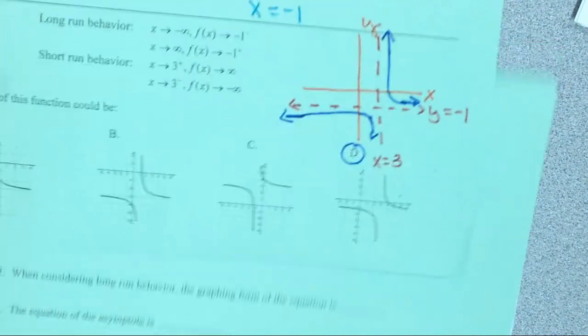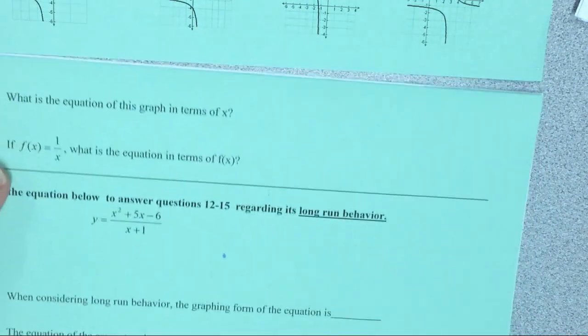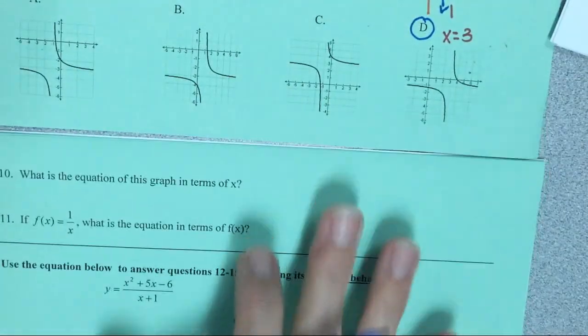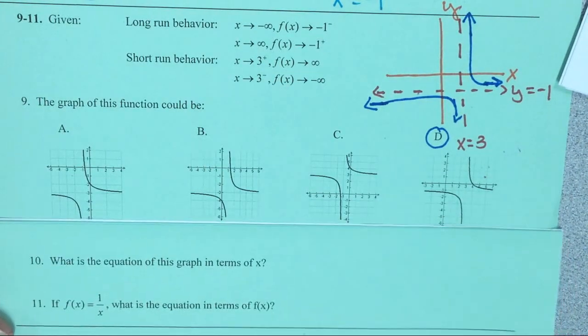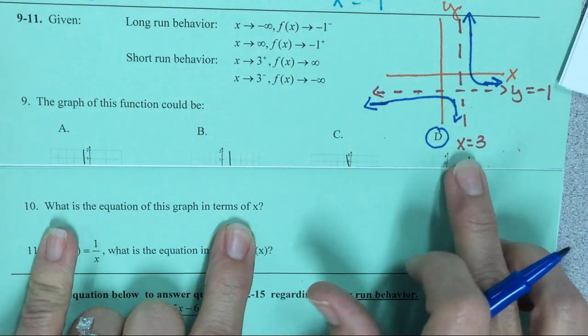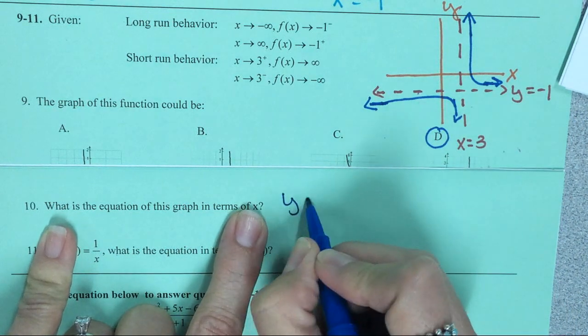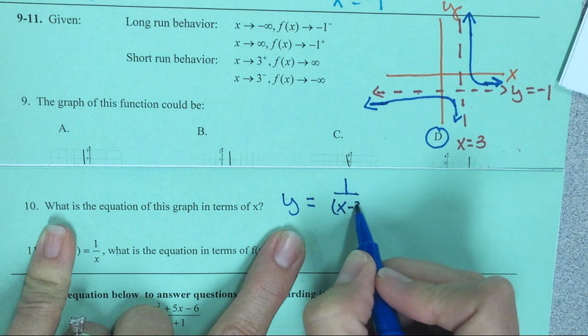9, 10, and 11 are going to be questions about this same graph. So that was 9. On 10, it says what is the equation for the graph. So looking at the graph that we just did a second ago, they want to know what is the equation of that. So if I were to write the equation, I know it's a 1 over x. It went right 3 and down 1. So y equals, if I went right 3, I'm going to have x minus 3.